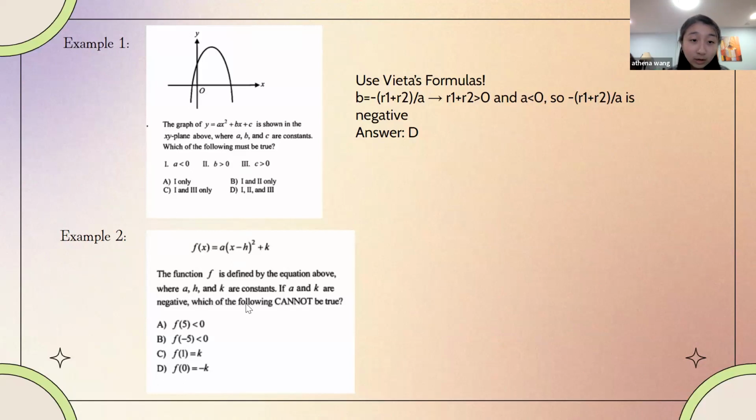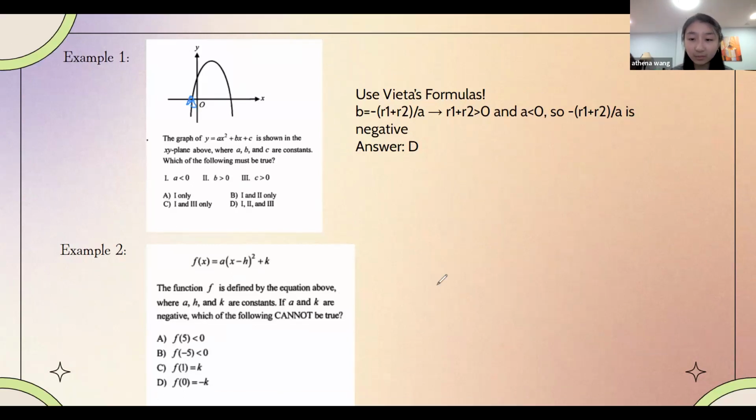Their 2 roots are the intersections at the x-axis. So these are the 2 roots, and we also have the axis of symmetry. And this is the average of the 2 roots.